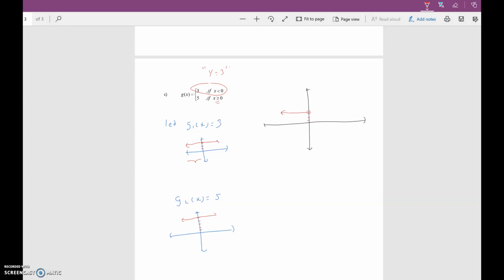And then greater than or equal to 0 for the function y equal to 5. This is solid. And this is your actual function g of x. So that is our main solution for the piecewise defined functions.